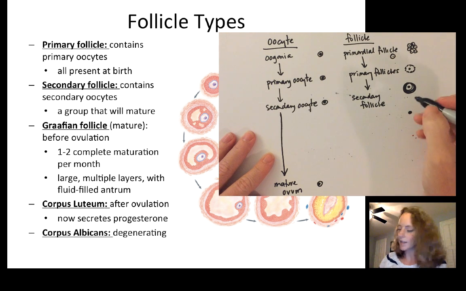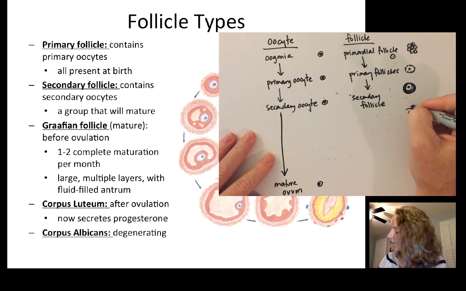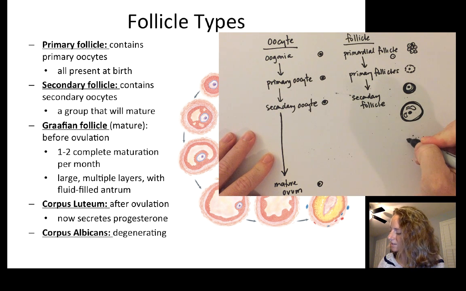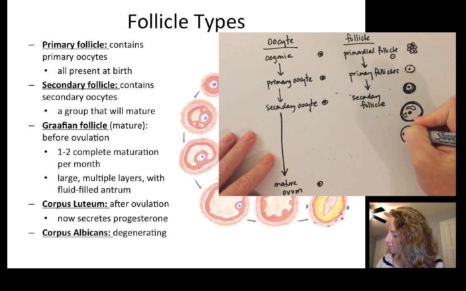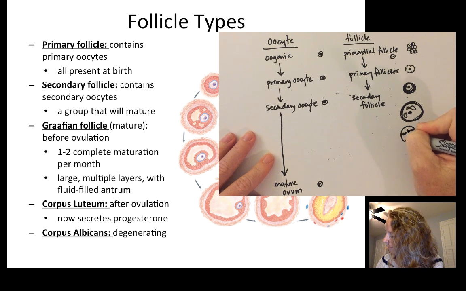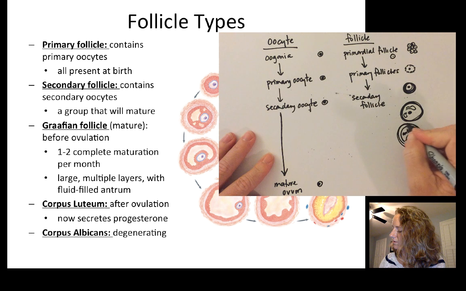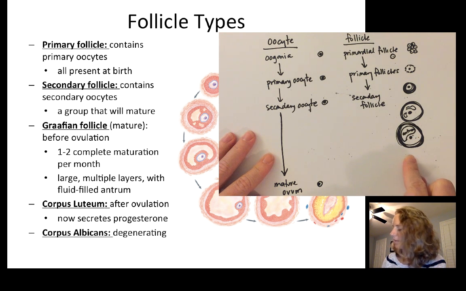So there's our oocyte, and as it matures further, it may take on a little bit of fluid, and it's going to get more and more cell layers around it. These we still call secondary follicles until we get enough fluid that we have a huge pocket of fluid called an antrum, which surrounds the oocyte, and then a huge layer of cells making up the follicle.